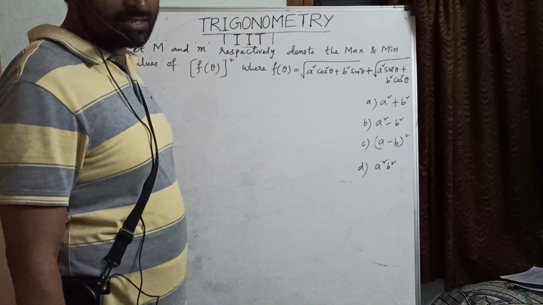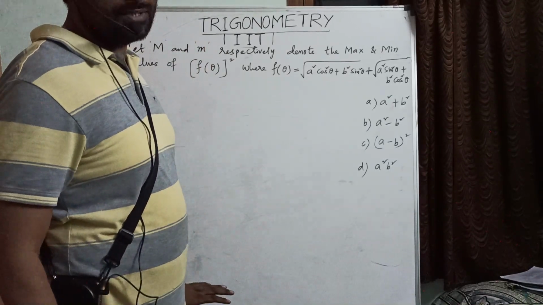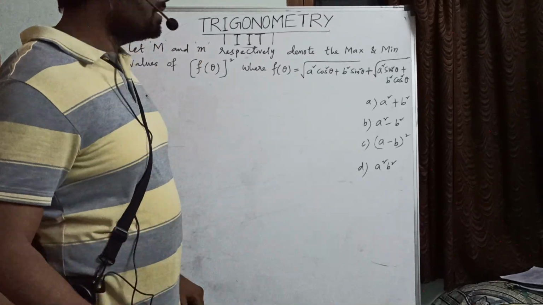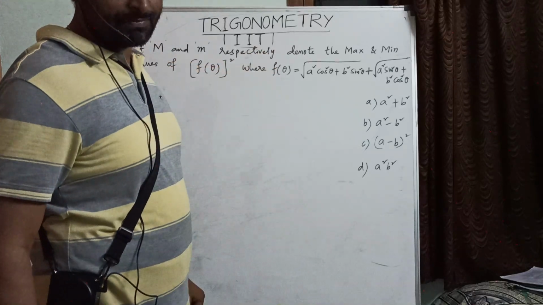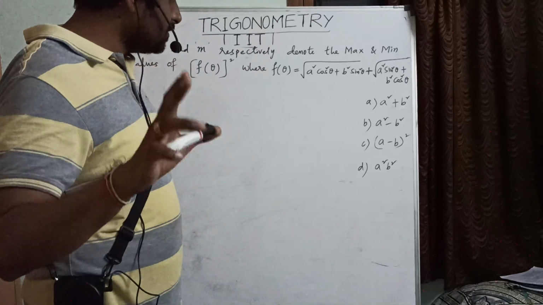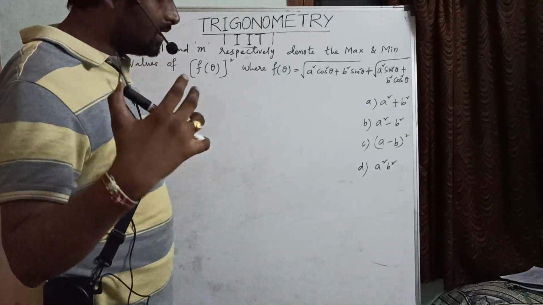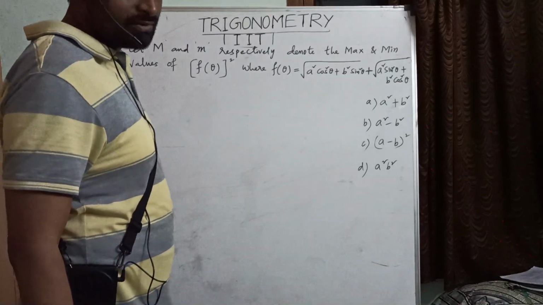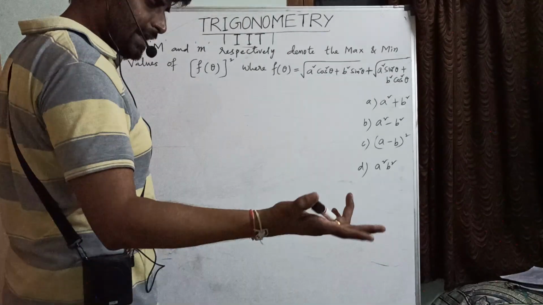Whether sin or cos is 0, that gives minimum value. So these two things we have to remember. This is the knowledge to solve this problem. Every expression gives maximum value at sin square theta, cos square theta equals 1 by 2, and minimum value when either of them is 0.